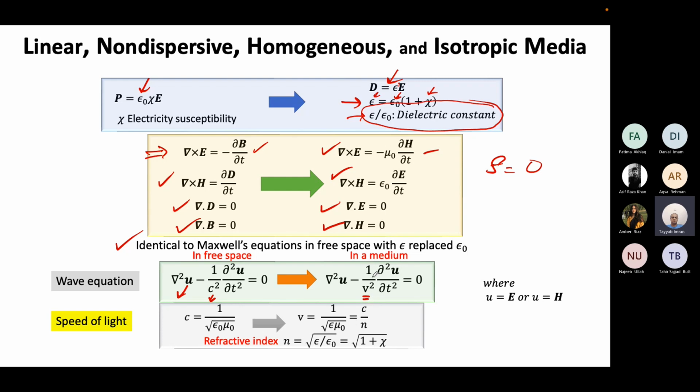ठीक है, और c किसके बराबर होता है? We already know this thing, and v is equal to this one. ठीक है, and refractive index can also be like this, and if we further modify, it can be like this. ठीक है, so in case of free space, these are the quantities. ठीक है, or it depends on the medium definitely, permeability or permittivity. और अगर तो wave propagate कर रही है in a certain medium, then you have to take this thing.